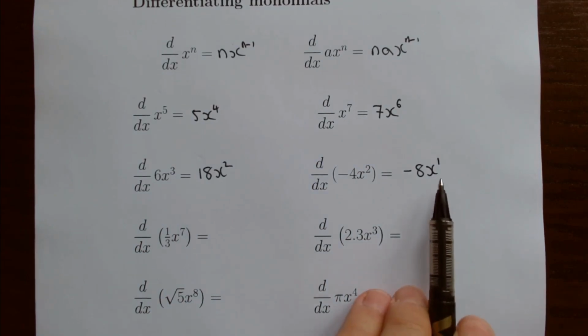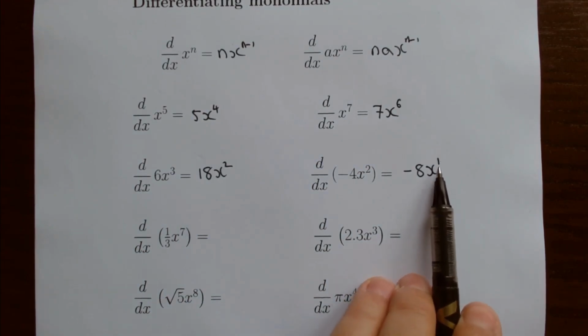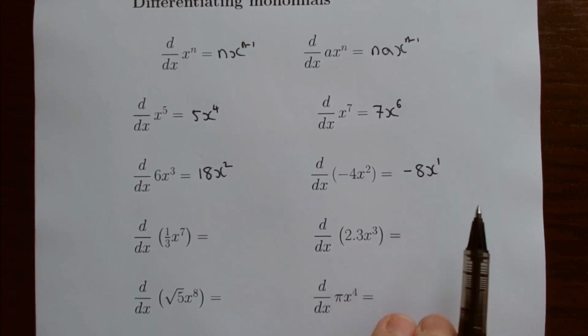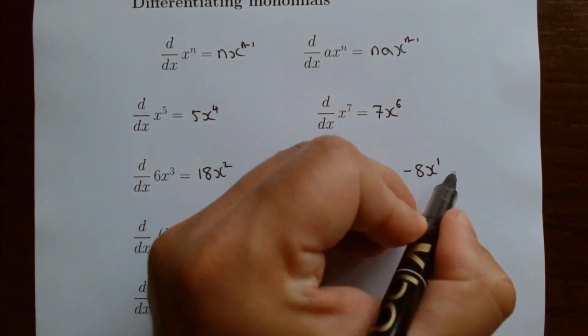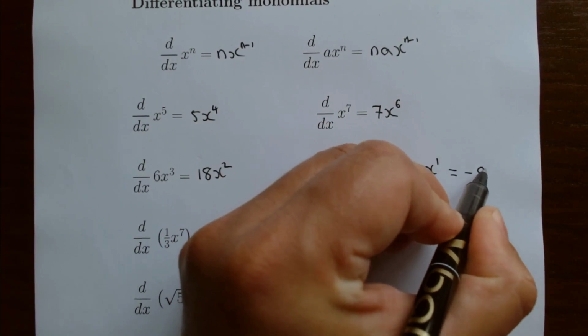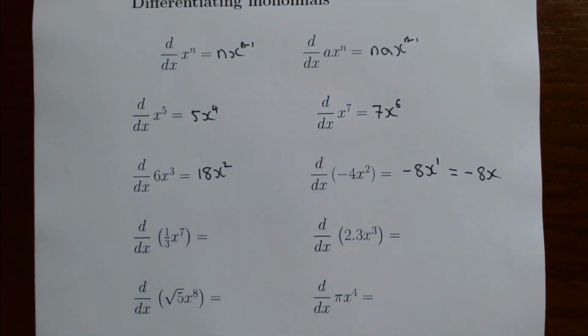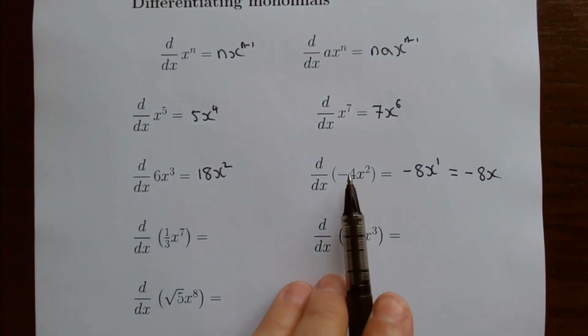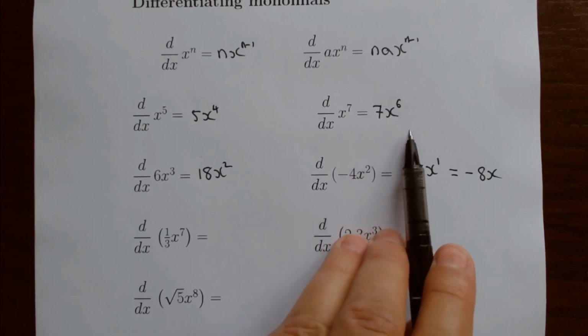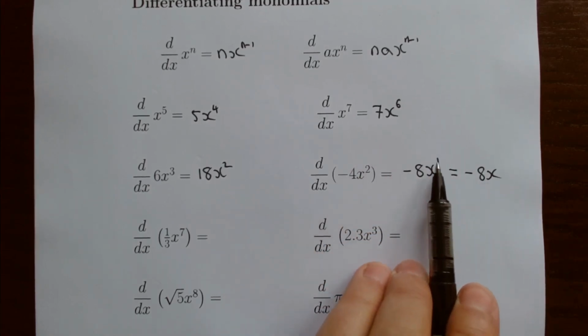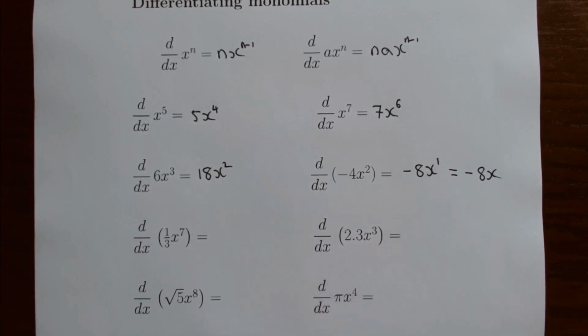Now usually a power of 1, we don't normally write the 1. So I can simplify this as minus 8x. And normally you would go from here straight to this step. There's no need to write a power of 1.